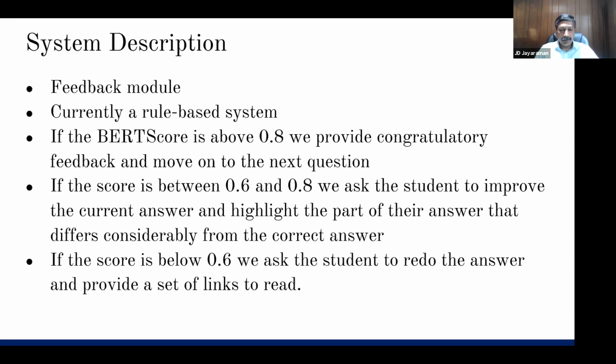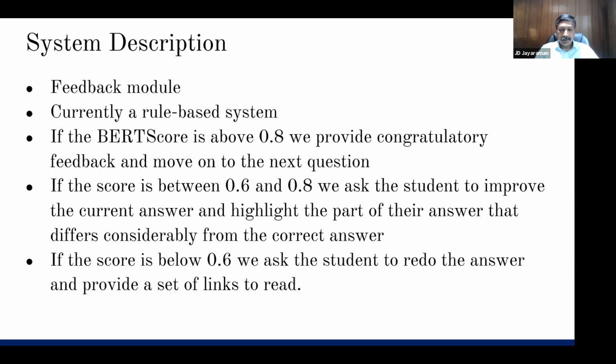The feedback module is currently a rule-based system, and it's a pretty simple rule-based system for this pilot study. We didn't have the time to make it super sophisticated, but if the BERT score is above 0.8, we basically provide congratulatory feedback and move on to the next question.